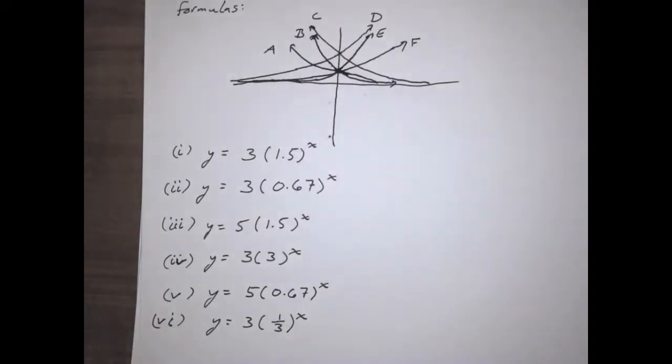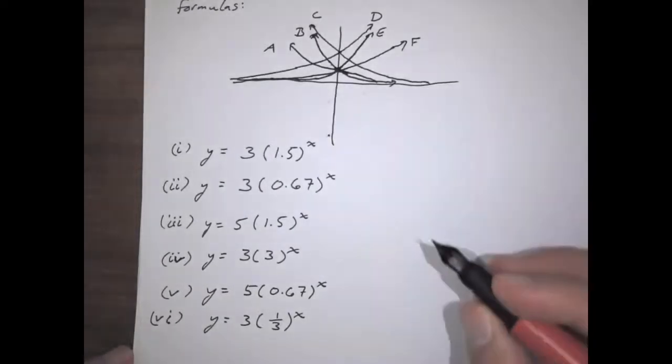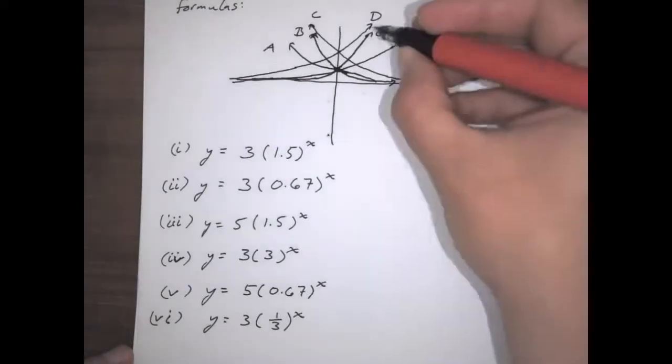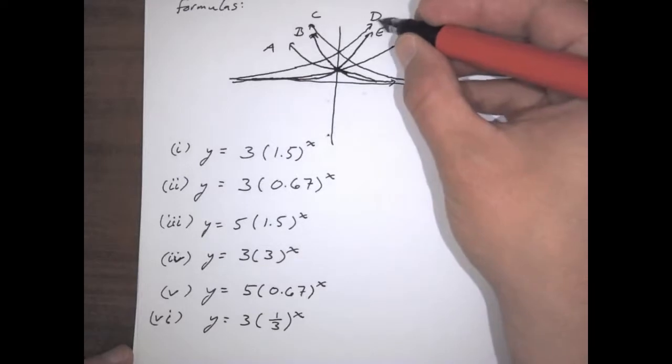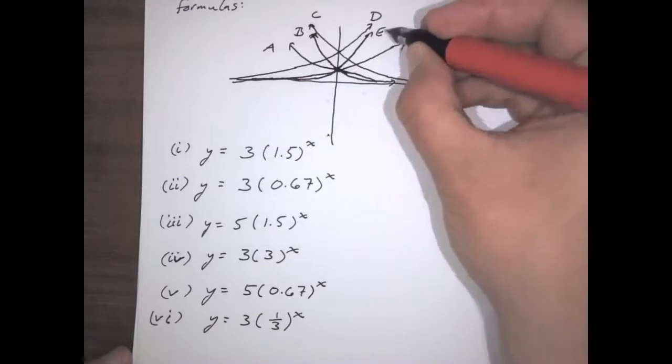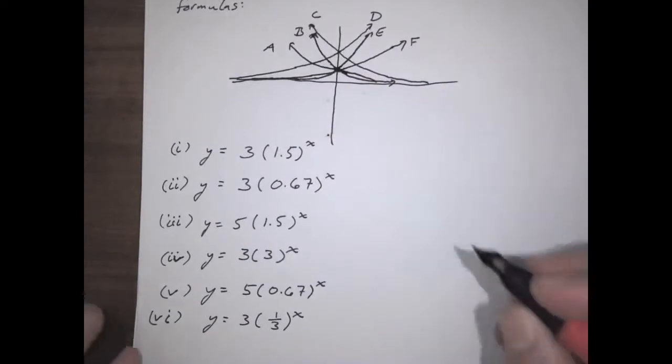Alright, now when it comes to trying to figure out which of these graphs goes with which of these functions, we only have 2 pieces of information to work off of. We have the a and the b. And so based on that, we can figure out that d and f have a very similar shape. So they seem to have about the same b, but the difference is that one of them has a higher value of a.